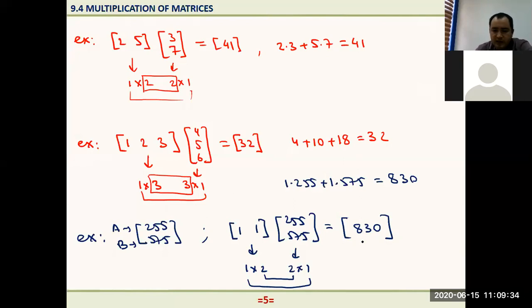Together, they paid $8.30 to the shopkeeper for all the stationery they bought from the shop. Okay, that is all about multiplication of matrices. Now I'll show you a few more examples.